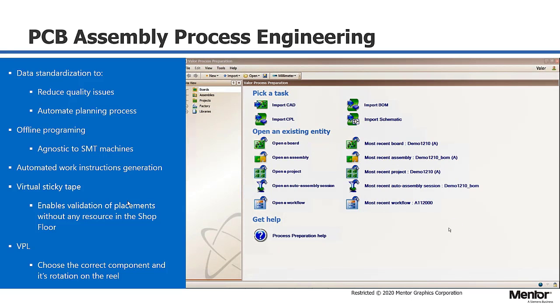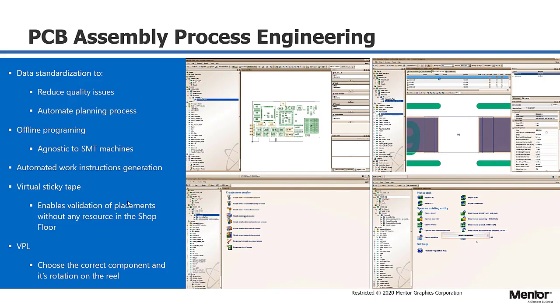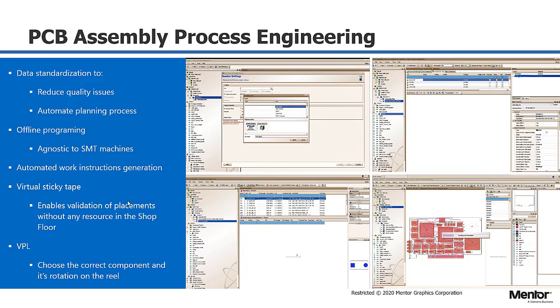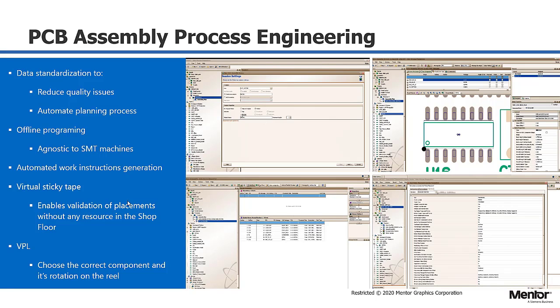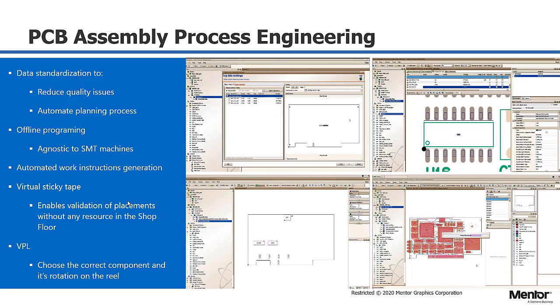And now the process engineer can perform the auto assembly planning and generate the NC files to send to the SMT machines. He can also plan the manual assembly operations and generate the documentation and work instructions to support these operations. The Stencil Designer can design the stencil while minimizing the number of iterations between the designer and the stencil vendor.